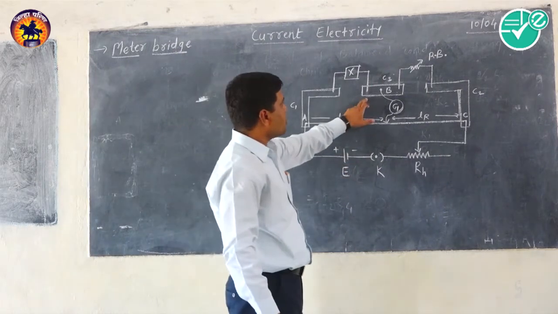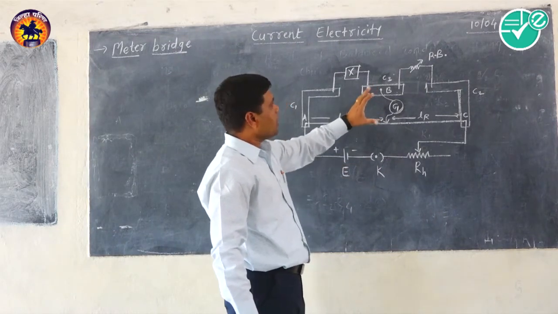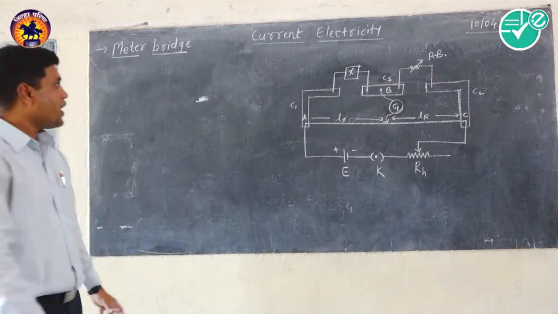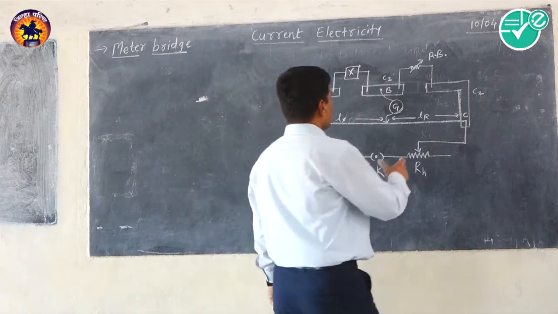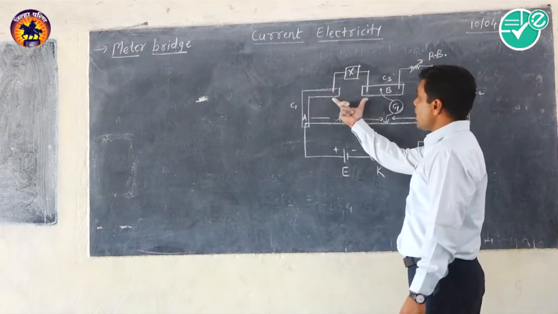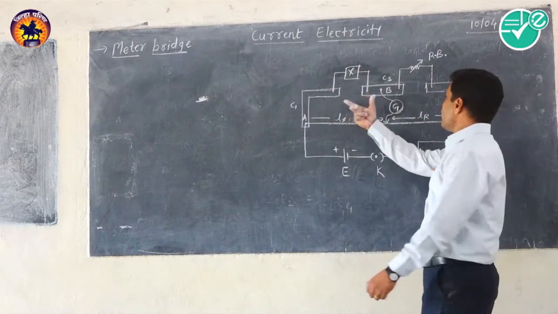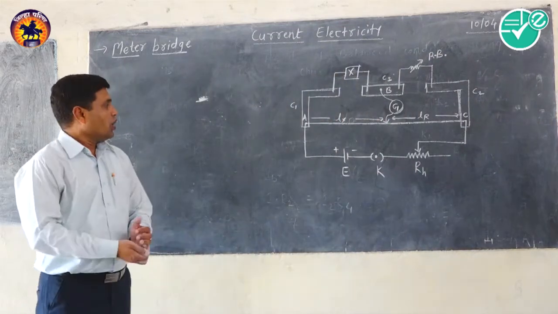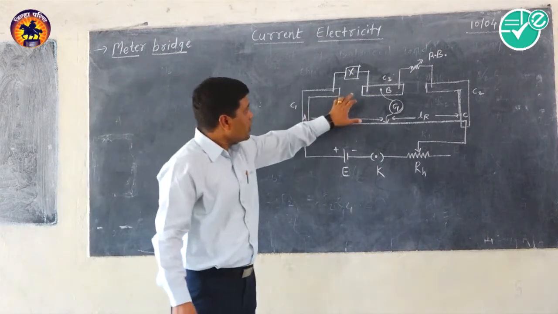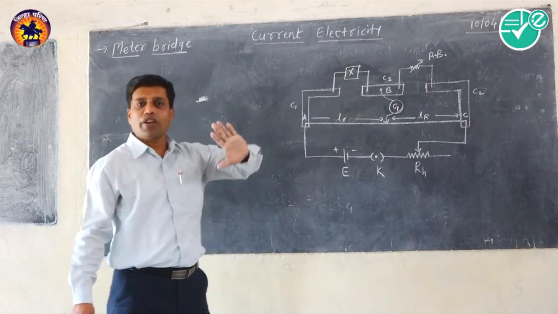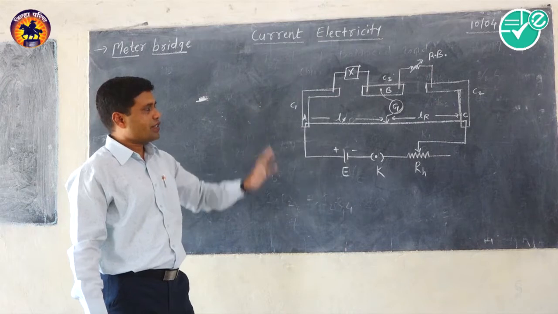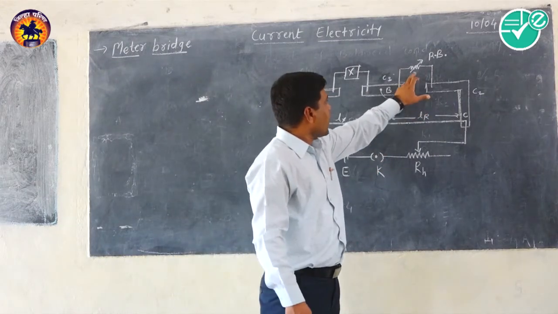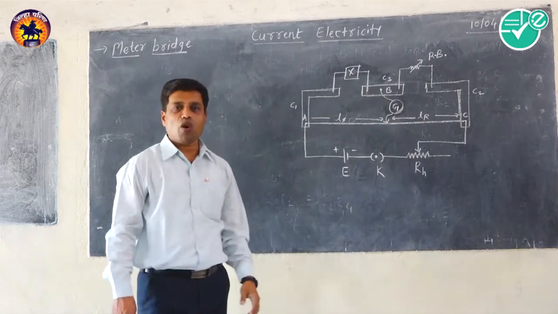The third copper strip C3 is placed in between the two L-type copper strips C1 and C2 such that it forms two gaps in the meter bridge. The first gap is known as the left gap, and the second gap is called the right gap.